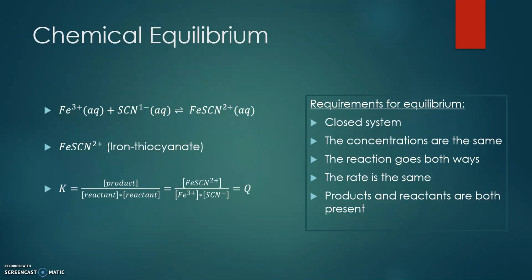The chemical expression is written as it's shown. The constant K is equal to the product divided by the reactant times the reactant.